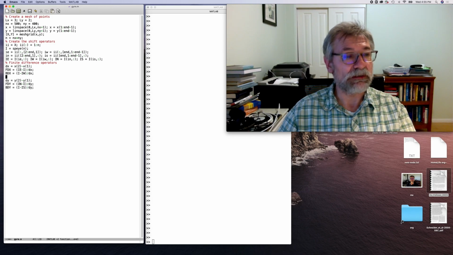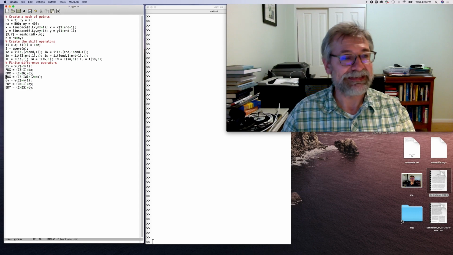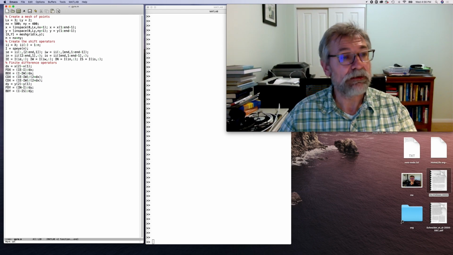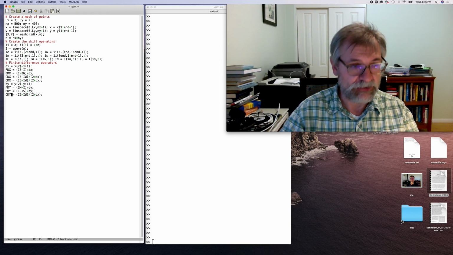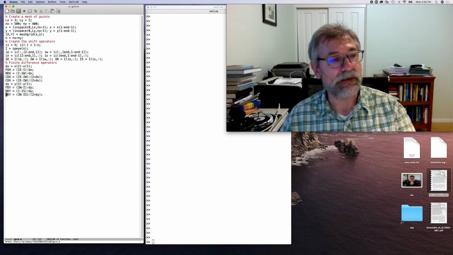So the centered difference with respect to x is going to be IE minus IW, then divide that by 2 dx, because these points are 2 dx apart. And similarly, for the centered finite difference approximation for y, IN minus IS, and divide by 2 dy.